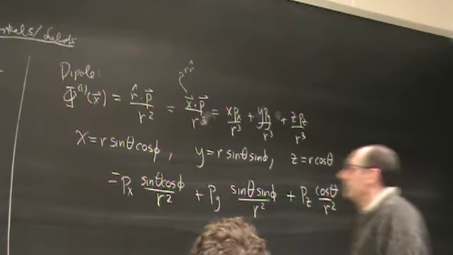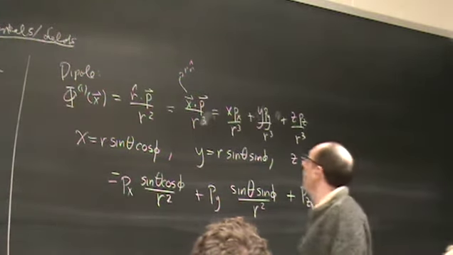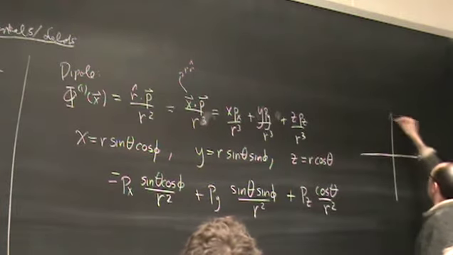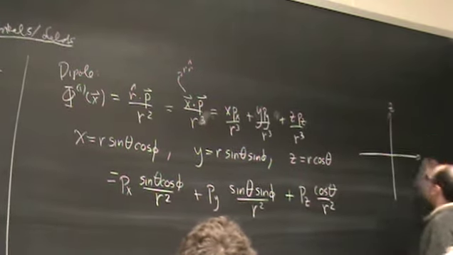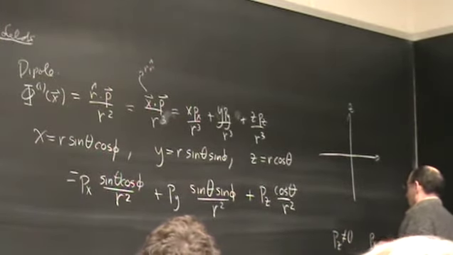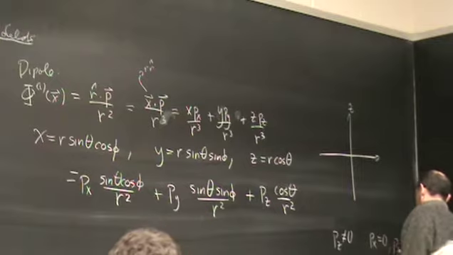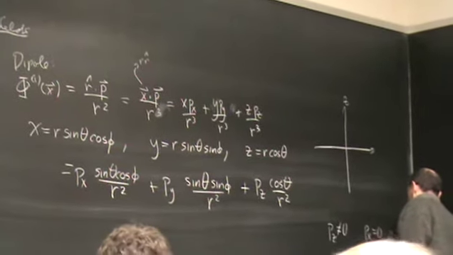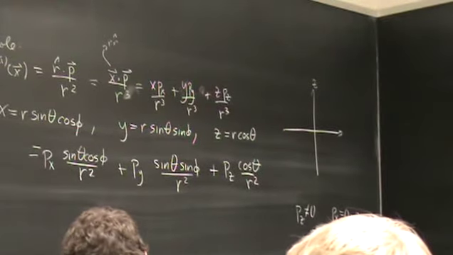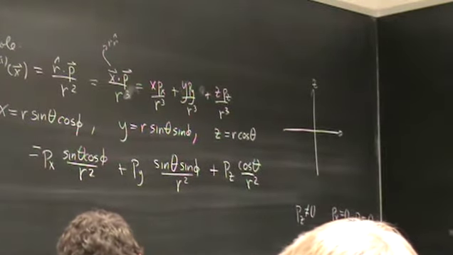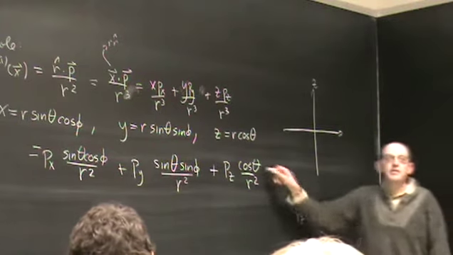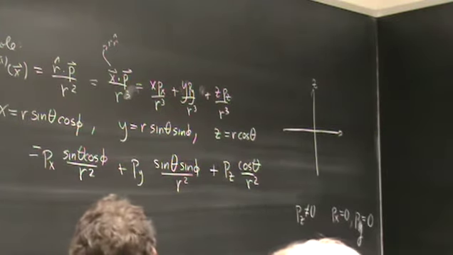Okay? So for example, suppose that I have only a z component of the dipole moment vector, and the other components were 0. Then my equipotential surfaces would vary as a function of theta as cosine theta.